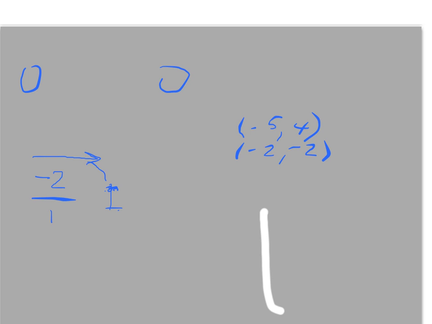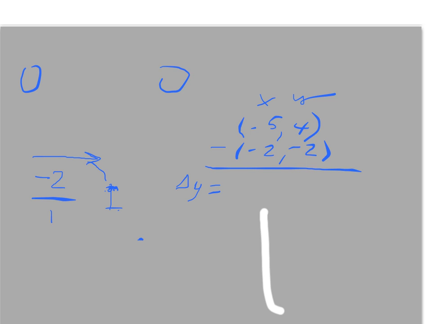Here's negative 5, 4, and negative 2, negative 2 is right there. So we're going to stack them, and I'm going to make a subtraction problem with these 2 ordered pairs. So change in y, or delta y, is equal to, let's see, here are the x's and here are the y's.